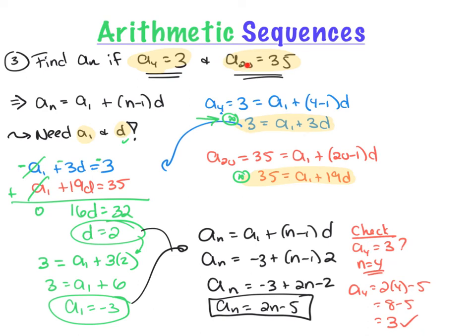Then we plug in n equals 20 and A sub n equals 35 into the other equation, and come up with a second equation that has A1s and Ds. Then we use what we know about solving systems of equations to figure out what A1 and D are so we can plug them into our formula. Let's try one more example.